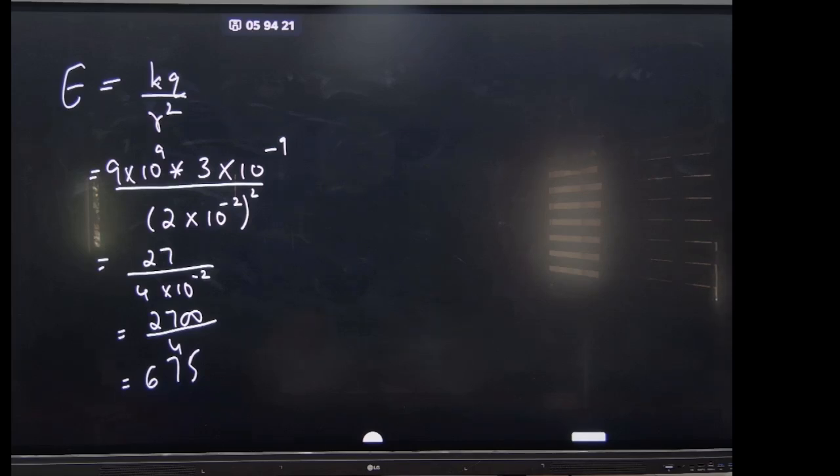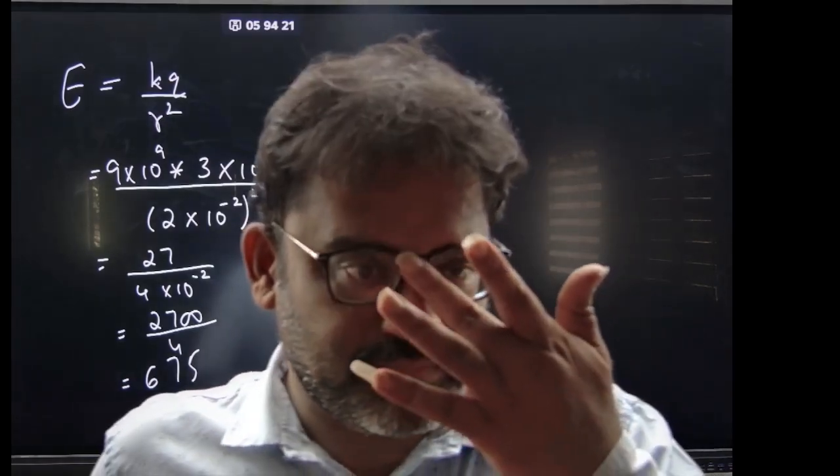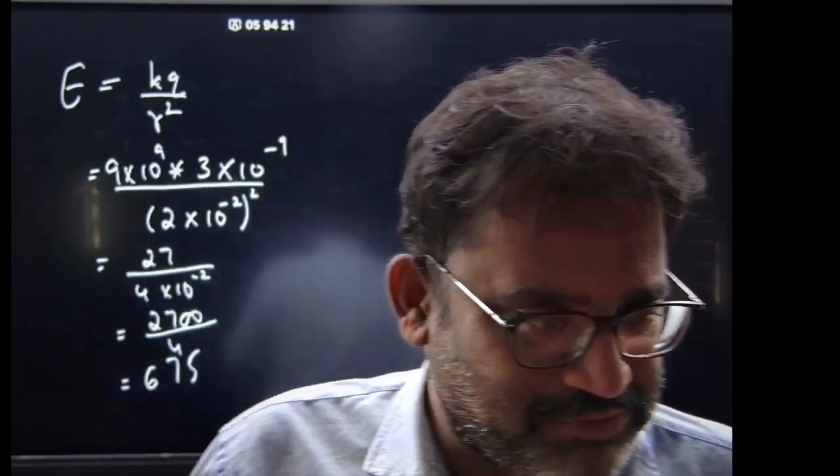Read the question again. Very bad. See, he is telling us the radius is 2 centimeter and the distance is 3 centimeter. And you are saying that the distance is 3 centimeter there. Sorry, 2 centimeter there. Write the question tomorrow 5 times.